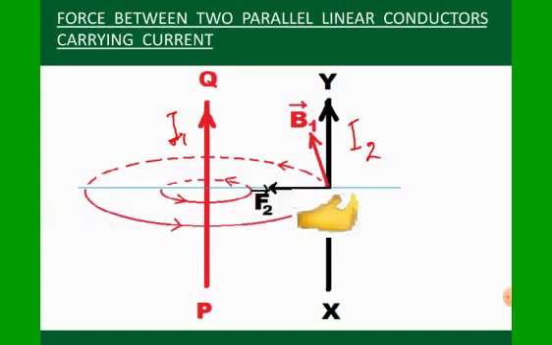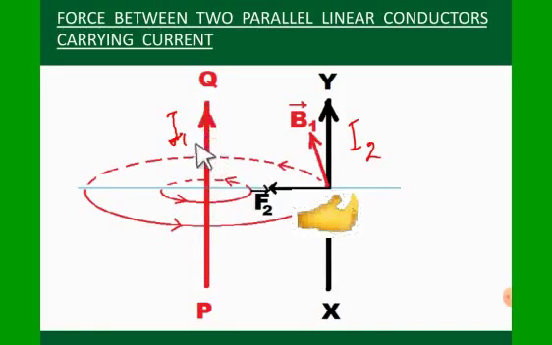If you curl your right hand around the conductor PQ carrying current I1, passing through the point where conductor XY is, then your four fingers will curl inward. That direction of curling of your four fingers will give you the magnetic field B1 for the conductor carrying current I1.